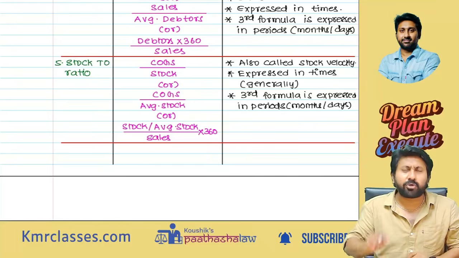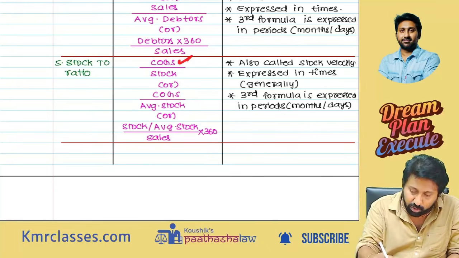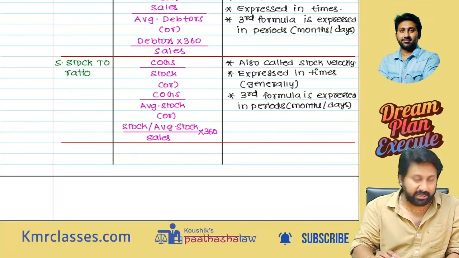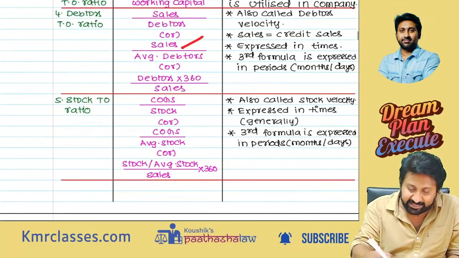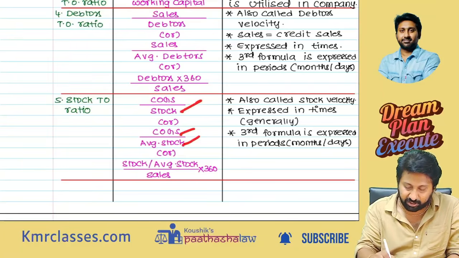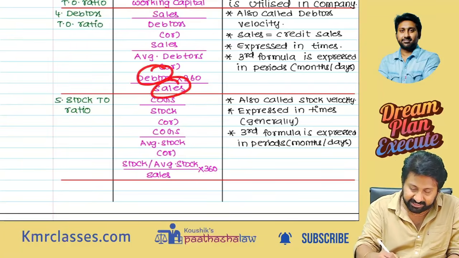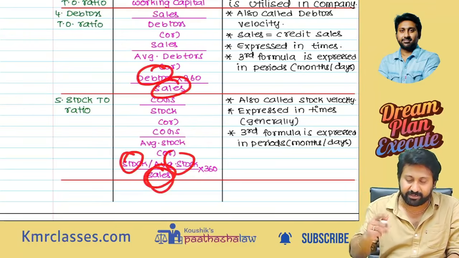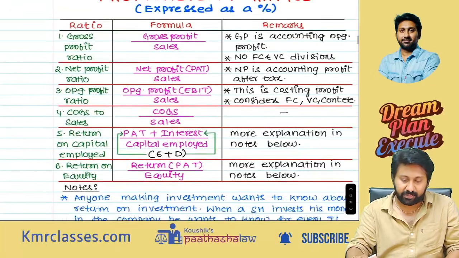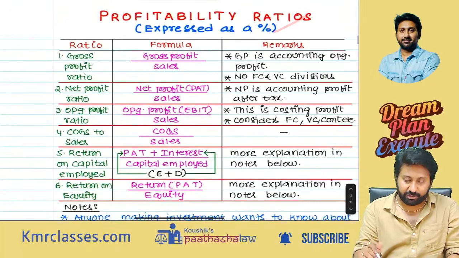In most of the problems we have to do cost of goods sold calculation. Instead of writing sales, write cost of goods sold divided by stock or average stock. Same as debtors by sales, it is stock by sales or average stock by sales. Creditors, same concept again.